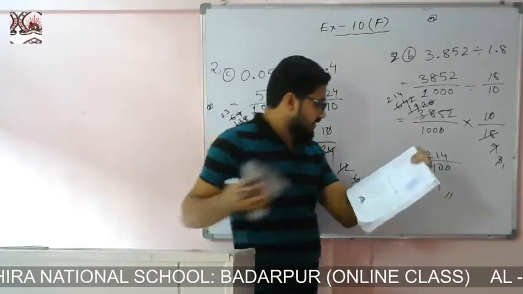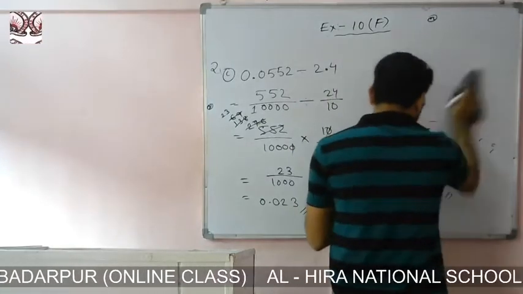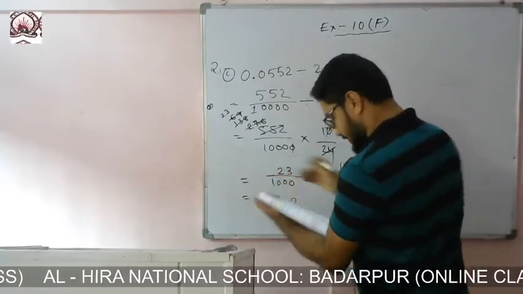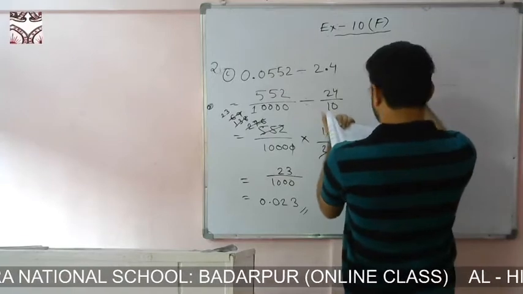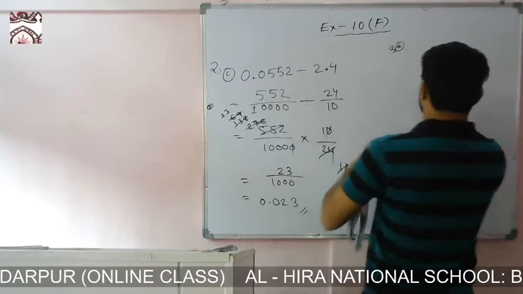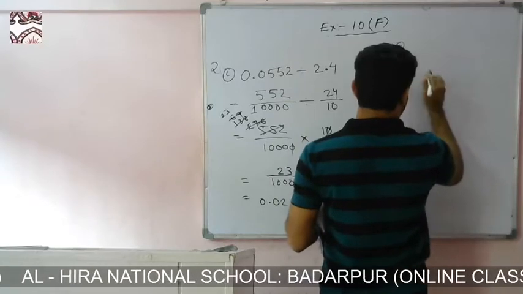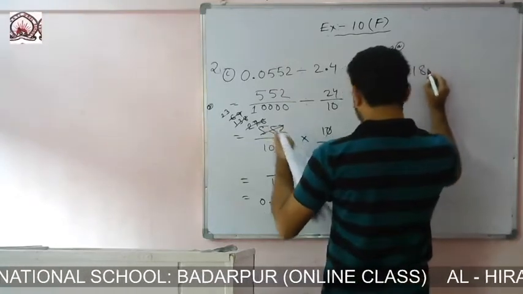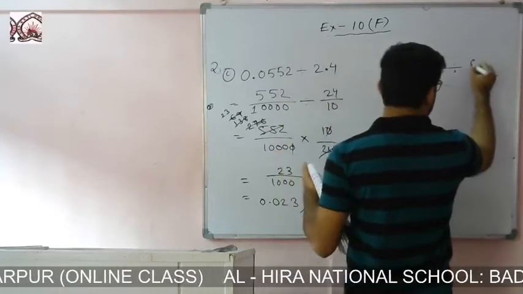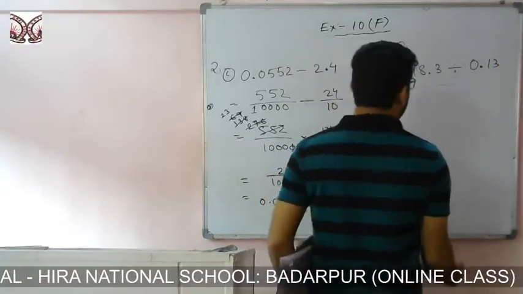Now come to question number 3A. You see, 3A: 8.3 divided by 0.13. 8.3 divided by 0.13.